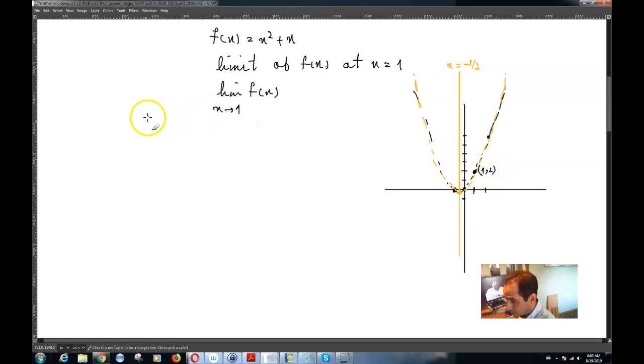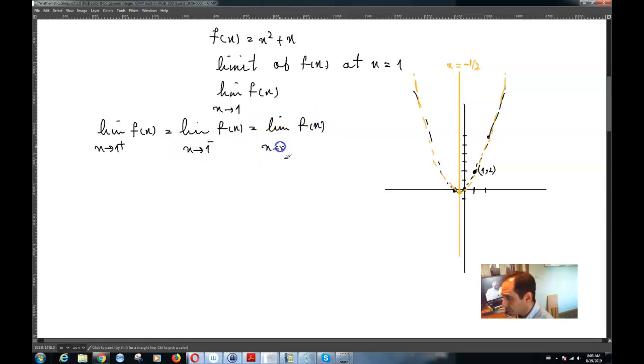That means that you can simply say that the limit of f of x when x tends to 1 from the right is equal to the limit of f of x when x tends to 1 from the left, is equal to the limit of f of x when x tends to 1, which is equal to 2.